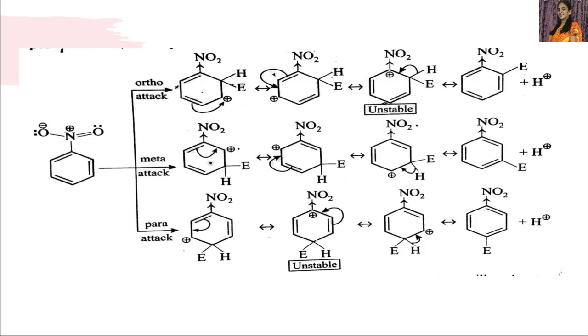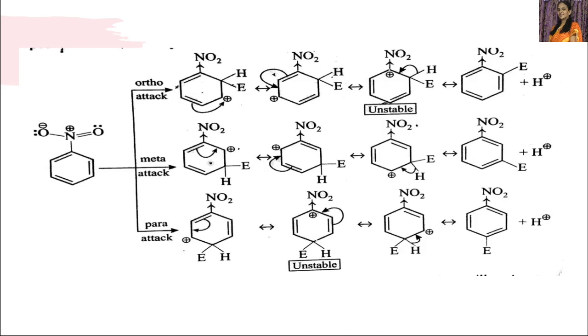The positive charge on the benzene ring is delocalized with the help of the remaining two pi bonds present in the ring. Therefore we get different resonance structures, and we know that as the number of resonance structures increases, the stability of that particular molecular ion also increases. If this pi bond electrons move to this side, then the positive charge will be on this particular carbon.